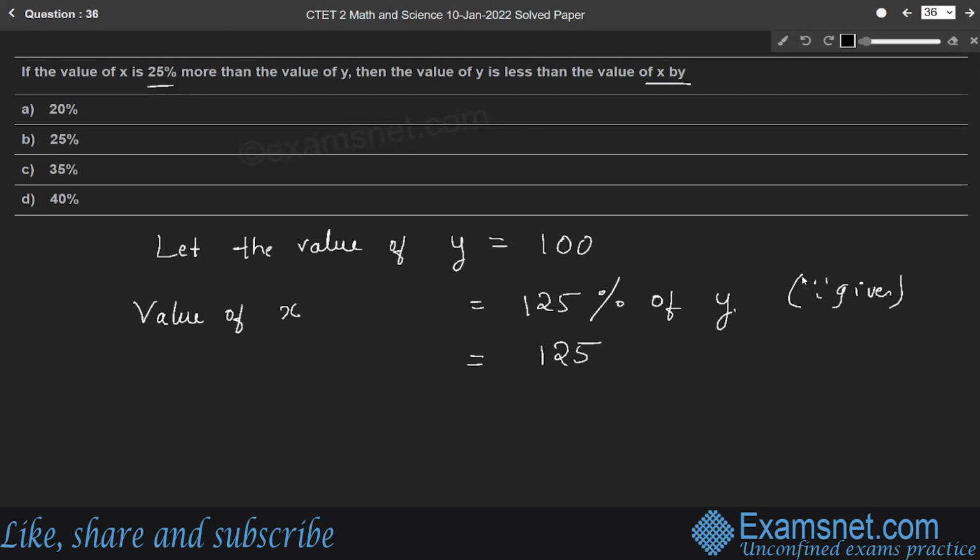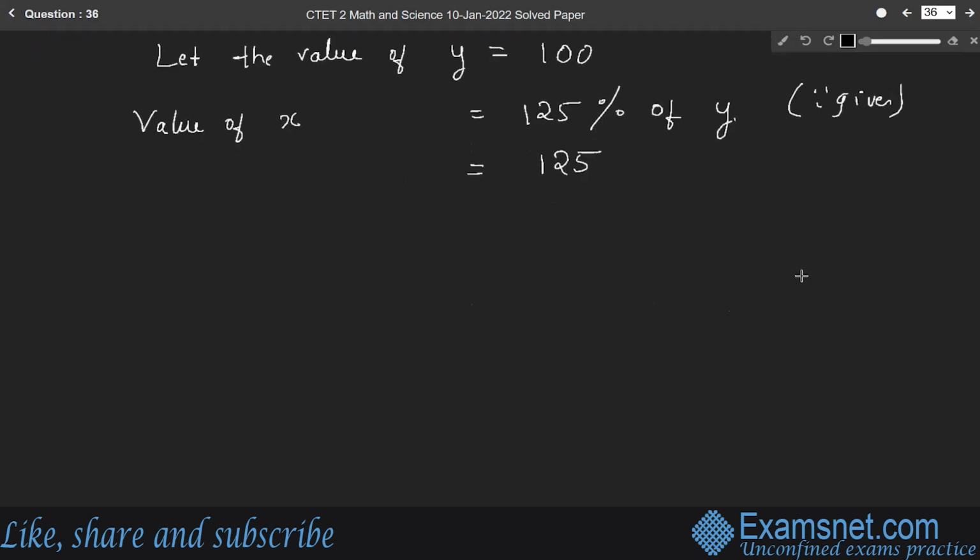Therefore, the value of Y is less than X by 125 minus 100, which is 25.